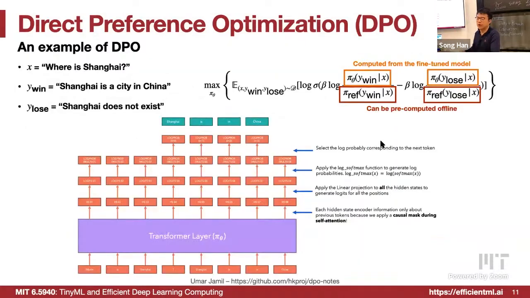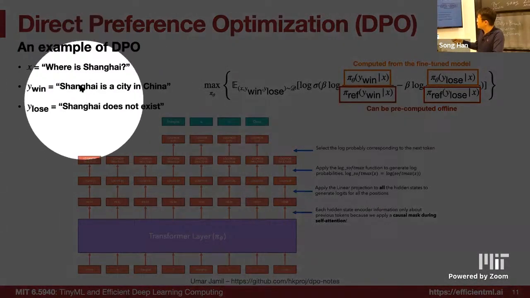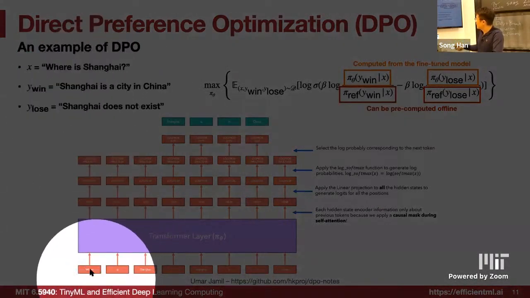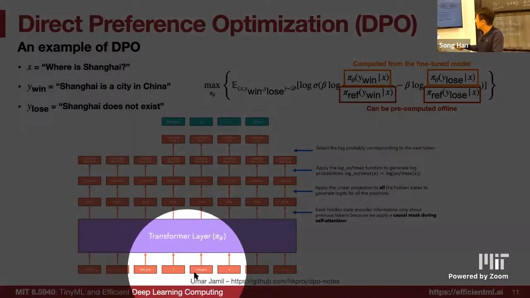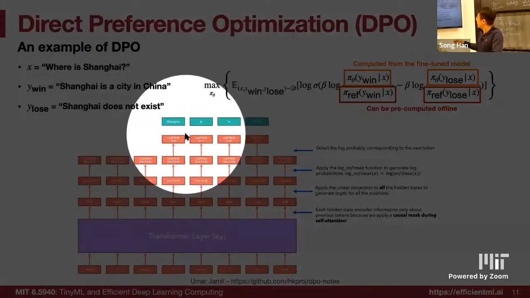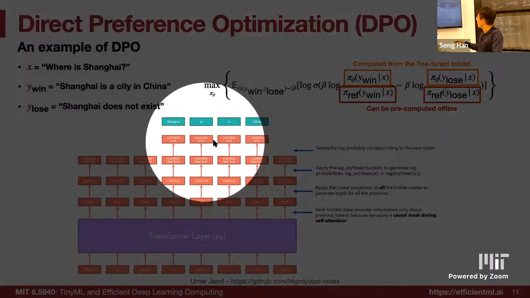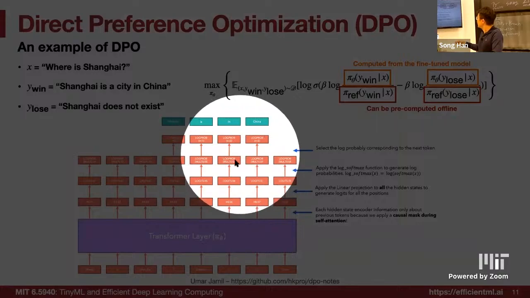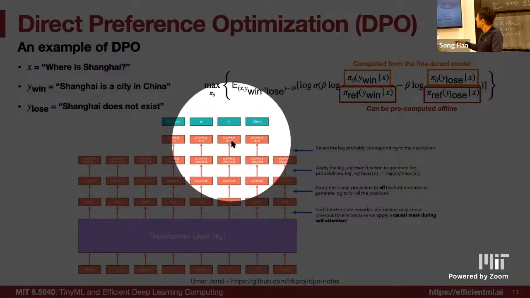Let's see an example of how this loss is added to our language model. Given the prompt, where is Shanghai, with two possible outputs, Y win and Y lose, we feed it to the transformer layers. Then it can generate, this is the ground truth of the generation, Shanghai is in China. And this is the probability corresponding to the next token. This is basically the logits, and this is the softmax of the logits, which gives the probability.